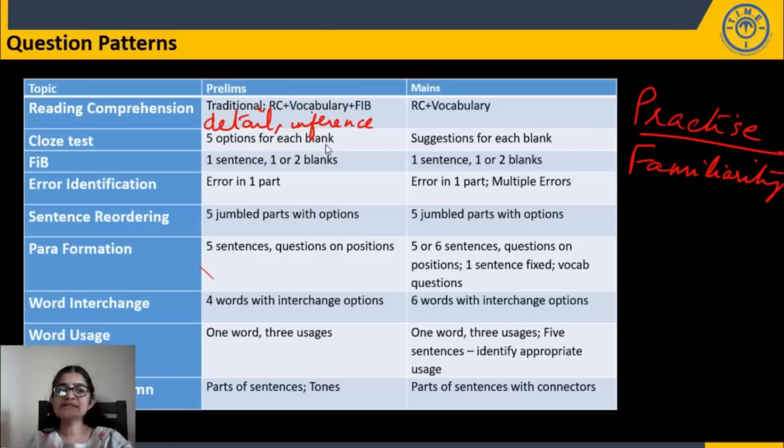Now, in mains, you may get this traditional model also, but there is a slightly different model where for each blank, you have 3 suggestions in brackets, okay, and then for each blank you have 5 different options.